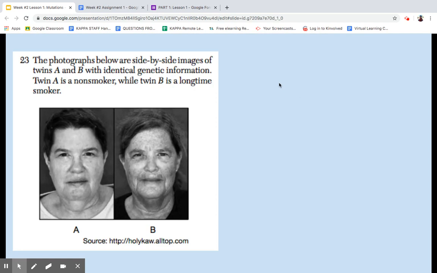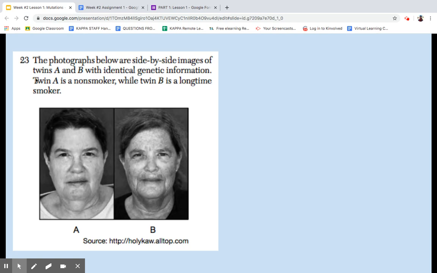Here's a Regents question. The photographs below are side by side images of twins A and B with identical genetic information. Twin A is a non smoker, while twin B is a lifetime smoker. Okay, so what do we know here? We know that twins have identical genetic information, which means they have identical DNA.